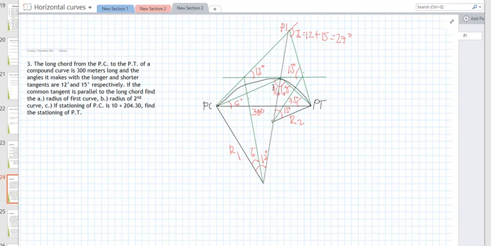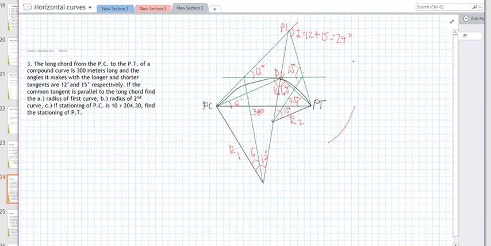So we will first compute the value of the LC1 from PC to the PCC and PT to the PCC. So this distance first, the long chords of each curve. Okay. So using this triangle, PC to the PCC, let's say this is point PCC.